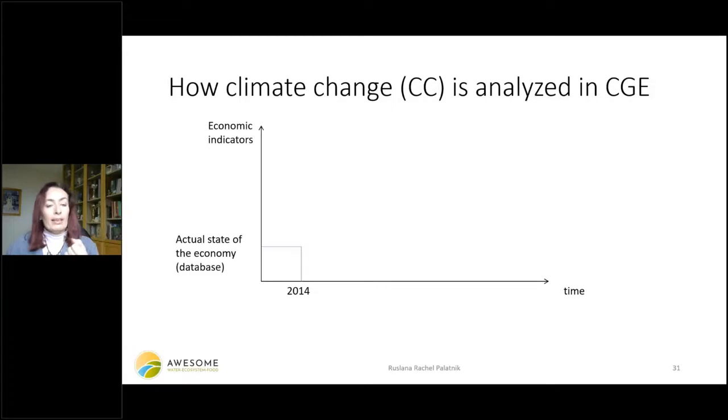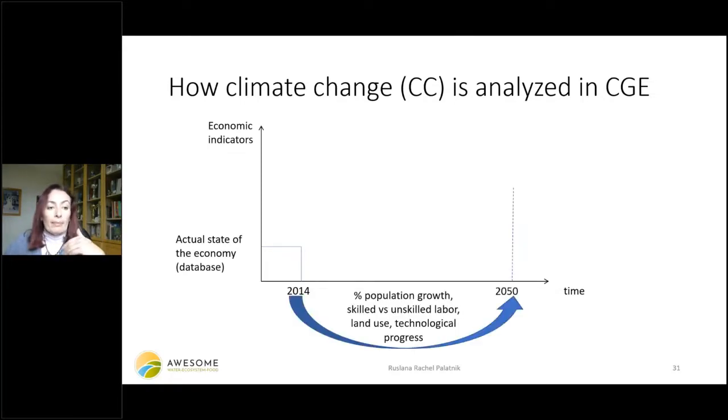So the way we work in computable general equilibrium to analyze the impact of shocks, not now, but at some time in the future, we basically start with the actual state of the economy from the database, from the years that actual data is available in the social accounting matrix of the model. For GTAP, it's 2014.